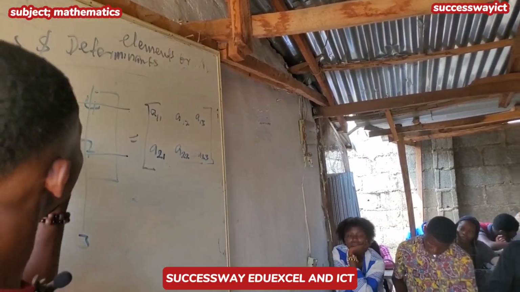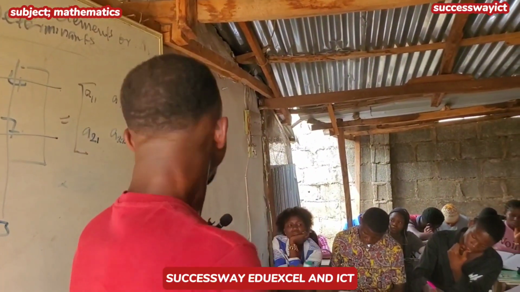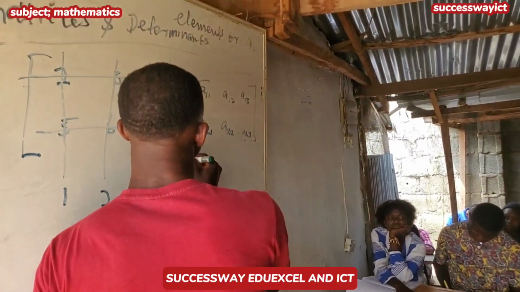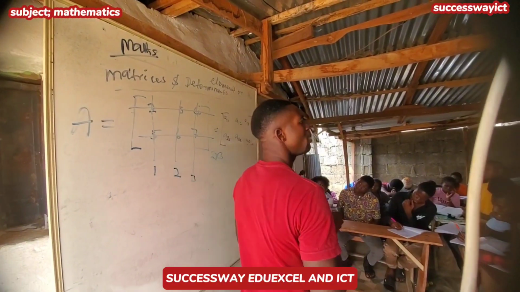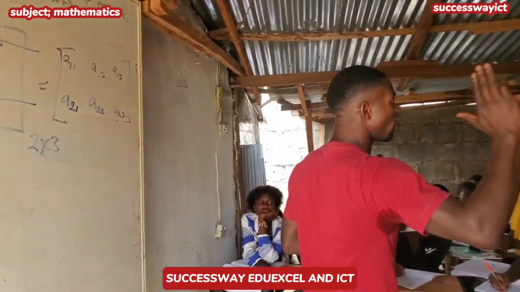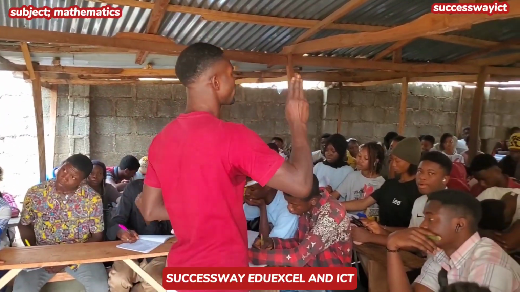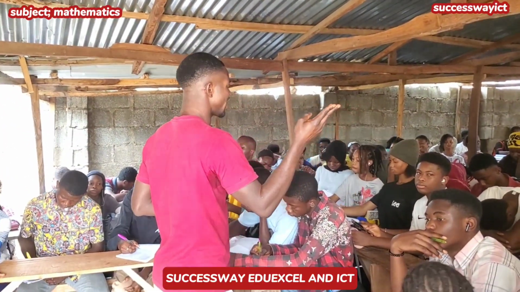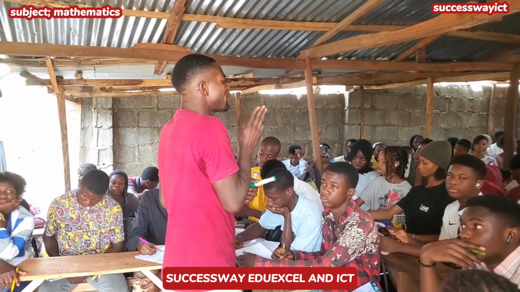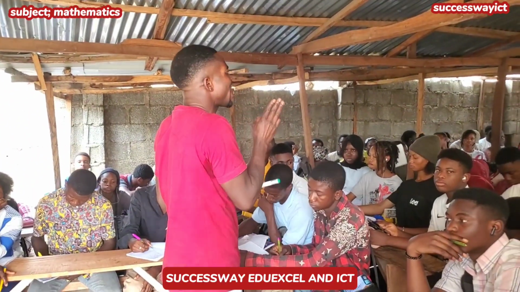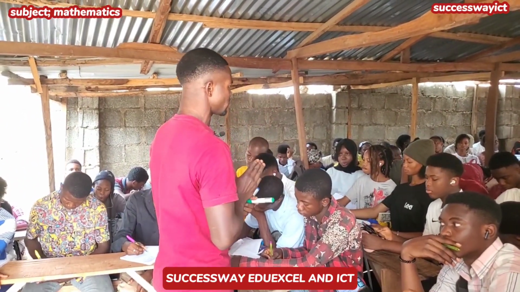Now, apart from having this as a 2 by 3 matrix, which is the order of arrangement, 2 rows, 3 columns, each of the elements has its position as arranged in that bracket.